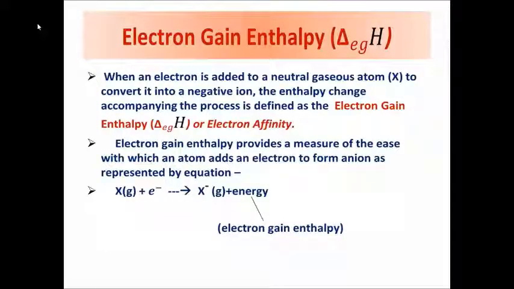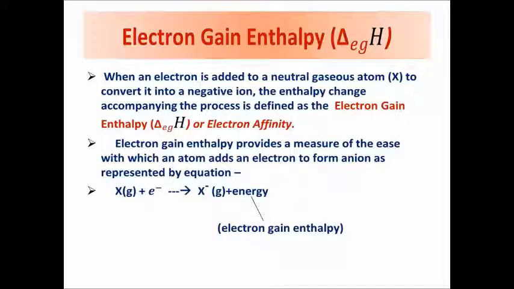The next periodic trend is electron gain enthalpy, or delta Heg. Now, how can we explain the electron gain enthalpy? When you take a neutral gaseous atom and add an electron, it is converted into a negative ion, that is an anion.